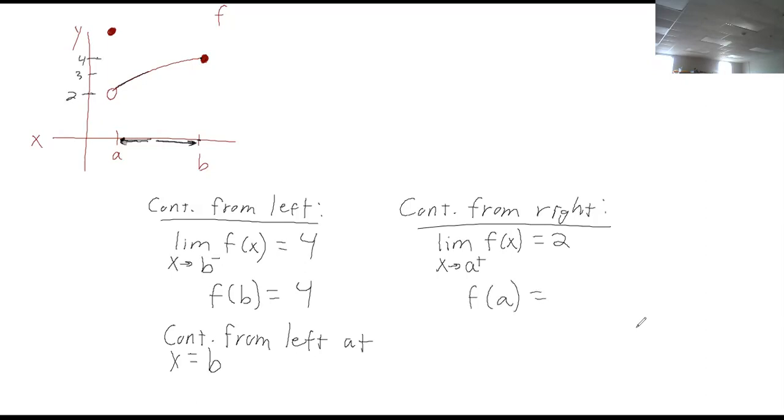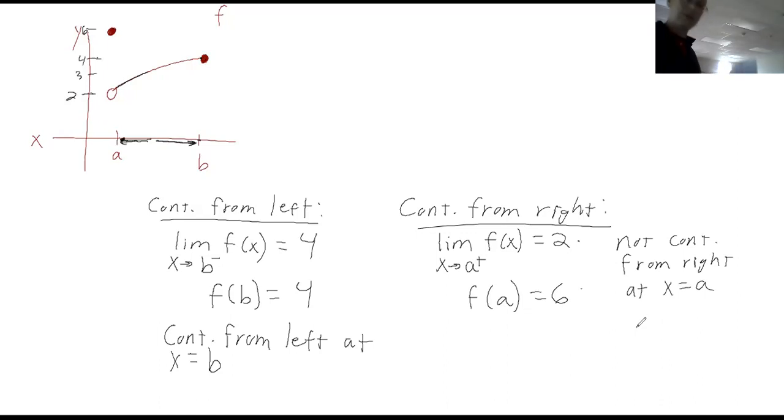What is that equal to? If I evaluate my function at a, my function is defined up here at a, and that might be somewhere around 6 in this case. So let's say that's 6, it looks like. Since these are not the same, I'm going to say not continuous from the right at x equal to a.